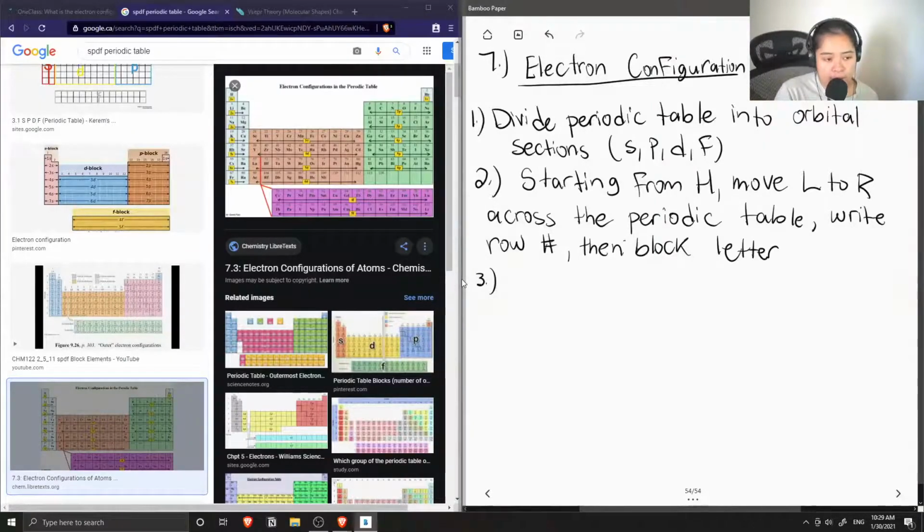We also show how many electrons we have in each orbital using superscripts.